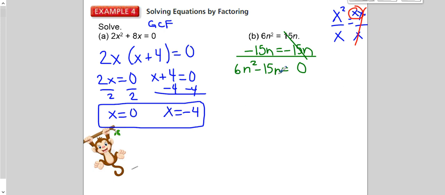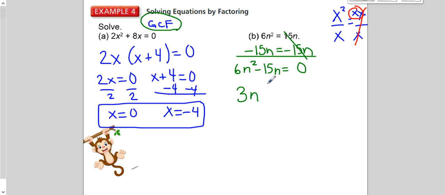We want it in standard form, biggest exponents first. Okay, now it looks more like number 4a did. Now we can take out the GCF. What divides evenly into 6 and 15? Do they both have an n?